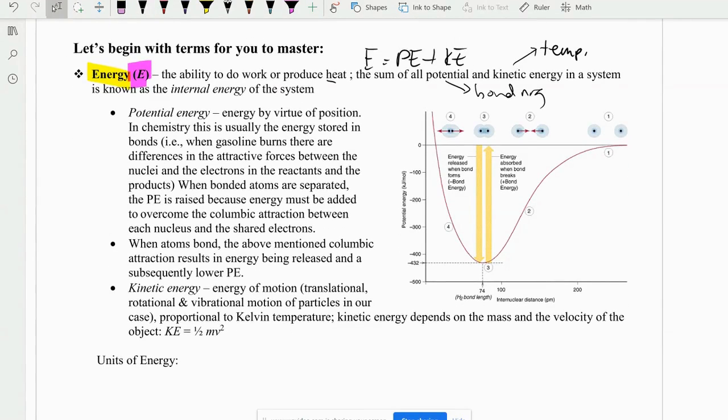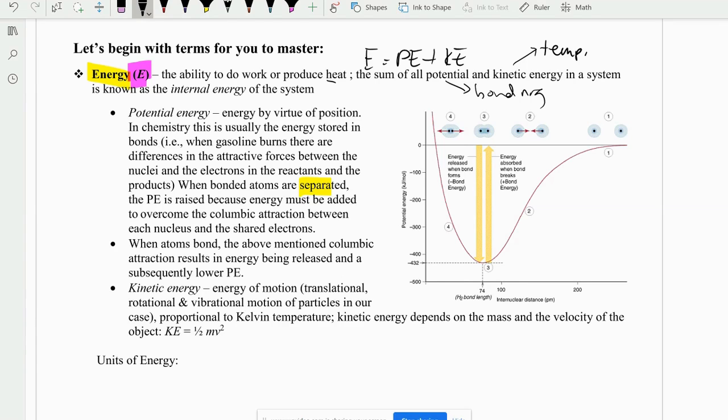Anyway, let's look at potential energy in terms of how we would define that in a chemical sense. We've learned that potential energy is the energy associated with something by virtue of its position. In chemistry, what we're really looking at is the potential stored in the bonds. When we break or separate bonds, the potential energy is going to be raised within that system because energy is added into that system to overcome the forces that are holding those atoms together.